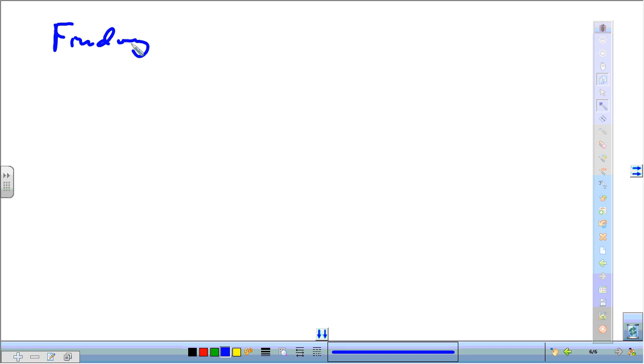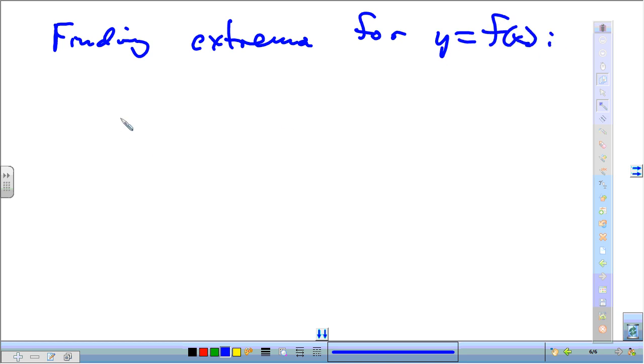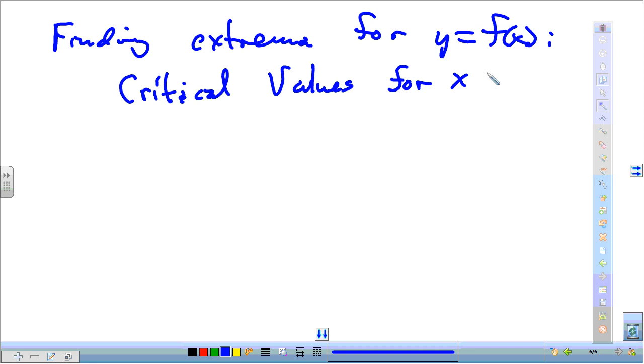So what we've seen is if we want to find extrema for y equal f of x, we would set up a set of critical values, I will say sometimes called numbers, but critical values for x.